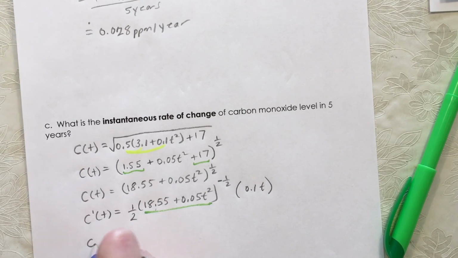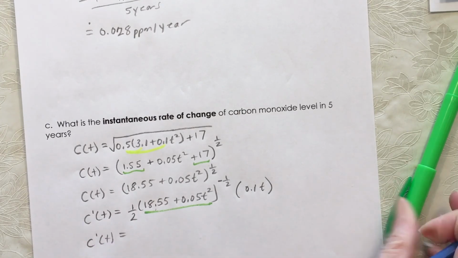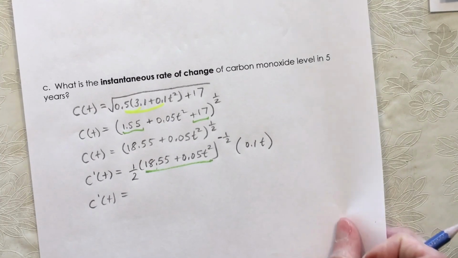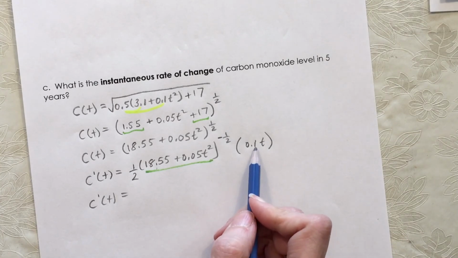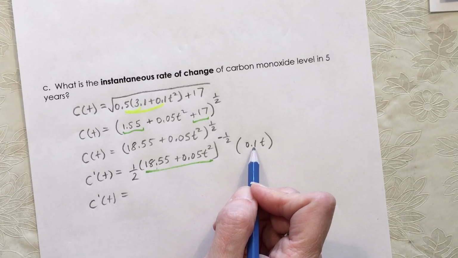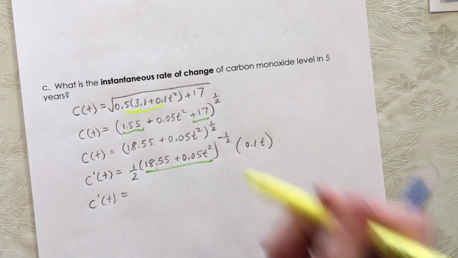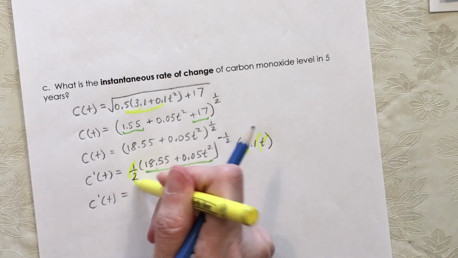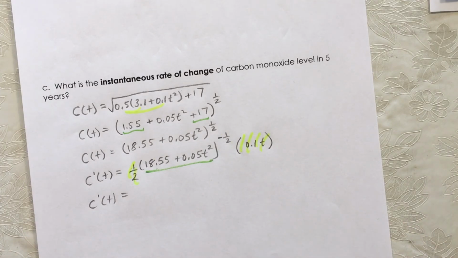And then I might make it look prettier before I substitute 5 in. I can multiply these together. So 0.1 times 1/2 is 0.05.